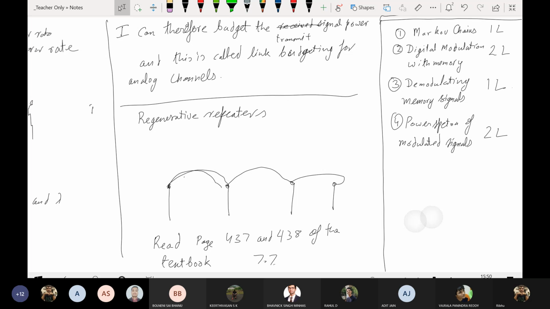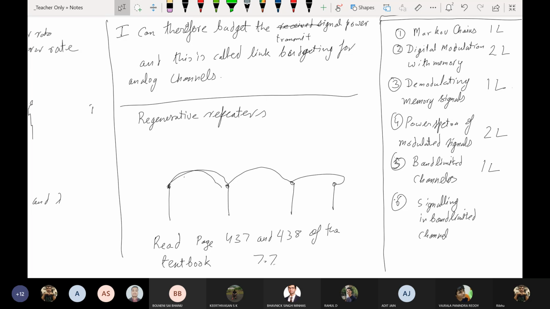Then band limited channel modeling, one lecture. Signaling in band limited channels, three lectures.